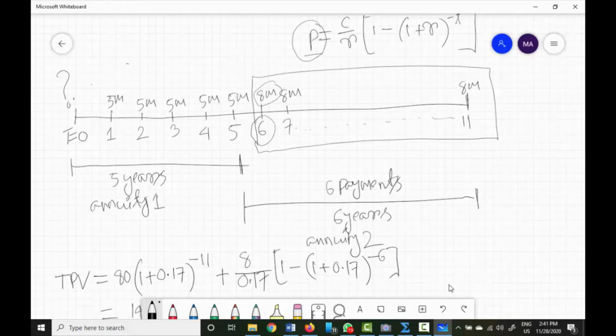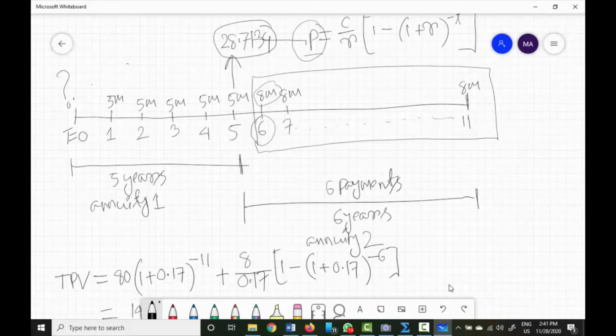The value we get, 28.7134 million, we will get at period 5.